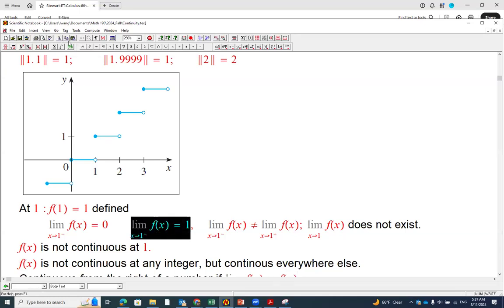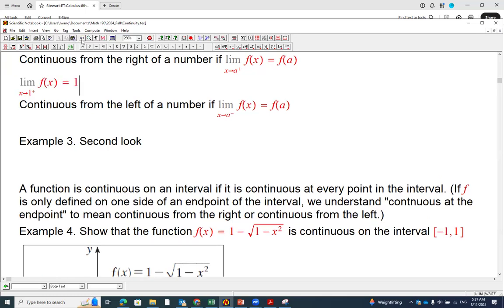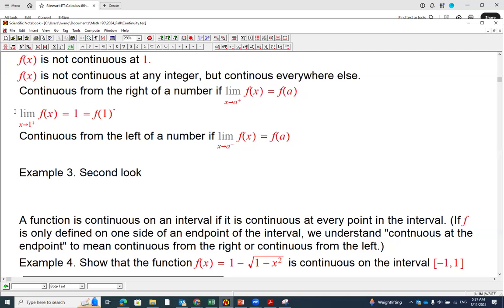But in this case, when we take the limit from the right, it is equal to f of 1. So in example number 3, the limit from the right, I want you to see that there's a plus sign there.